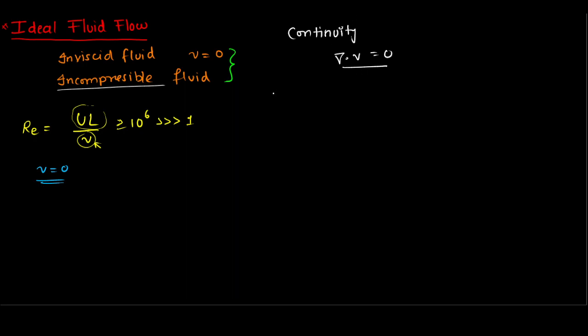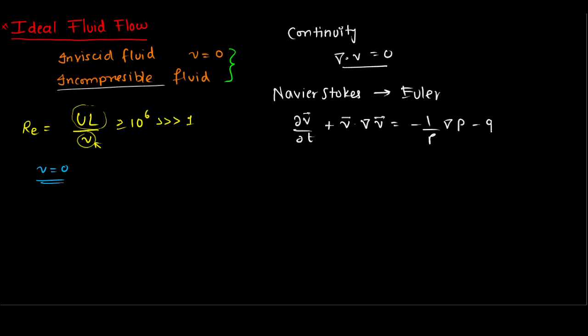For the Navier-Stokes equation, we input the viscosity component as 0, and therefore the Navier-Stokes equation gets converted to the Euler equation: del v by del t plus v dot gradient of v equals minus 1 by rho gradient of pressure minus g j.